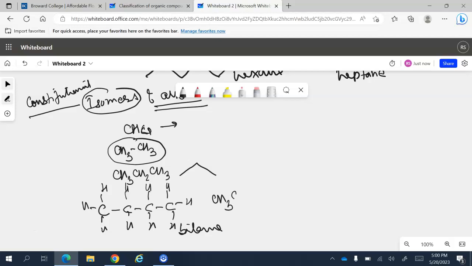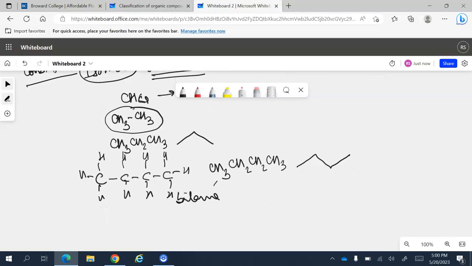You can write it as a condensed formula like this, and as a line angle formula, a 1, 2, 3, 4 carbon chain. But whenever you have four carbons, there is another way, as you know that carbon can also form branched structures. So the molecular formula for butane is C4H10, 4 carbons and 10 hydrogens.